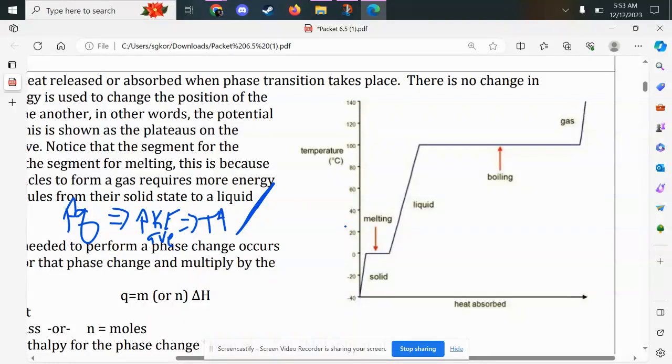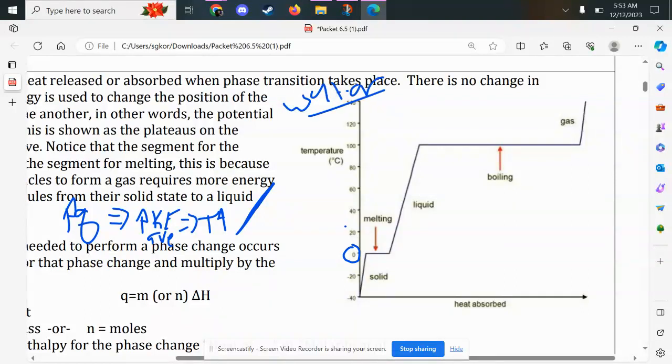So in this first region, our solid particles are gaining energy and their kinetic energy is increasing, so their temperature is going up.